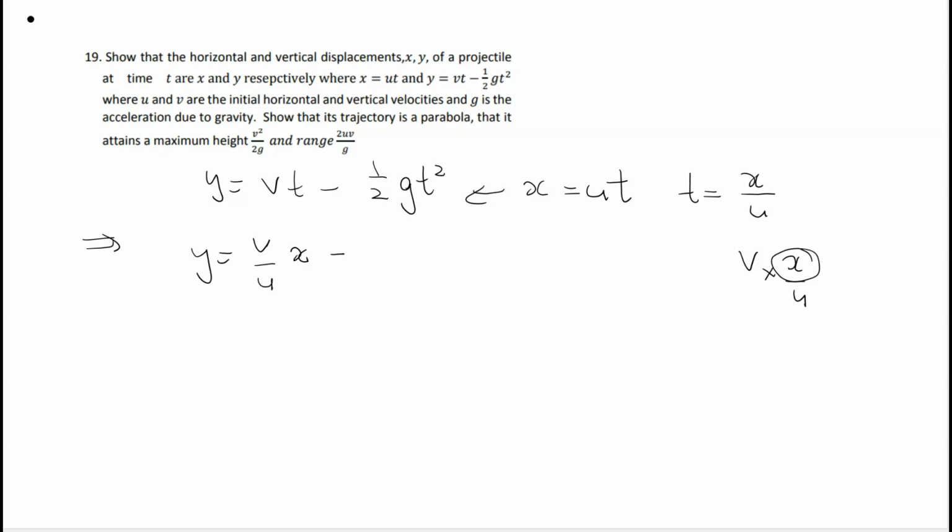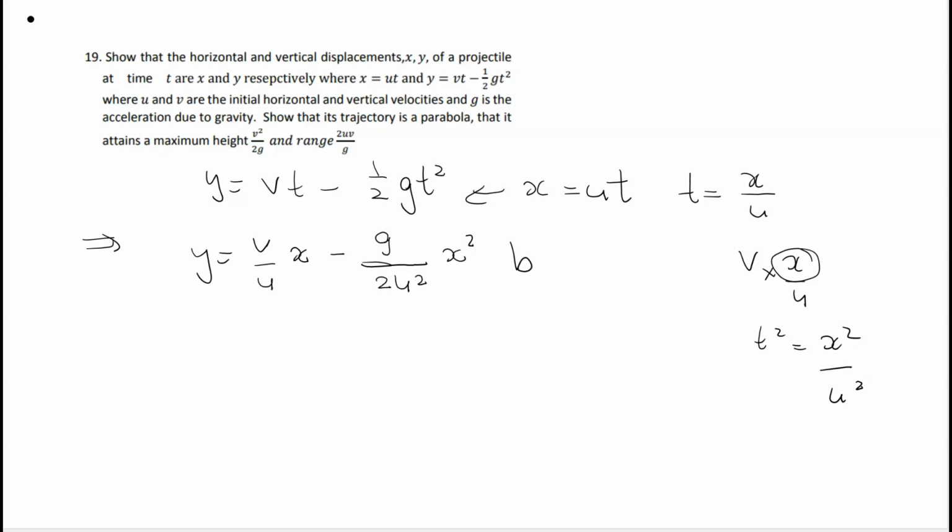And then I want to write a half g, which would be g over 2. And I want t squared, which is x squared over u squared. But again, I want to show that there's an x squared term there, so I'm going to put my u squared on the bottom and then x squared like that.